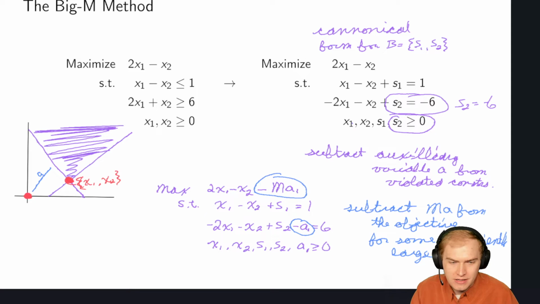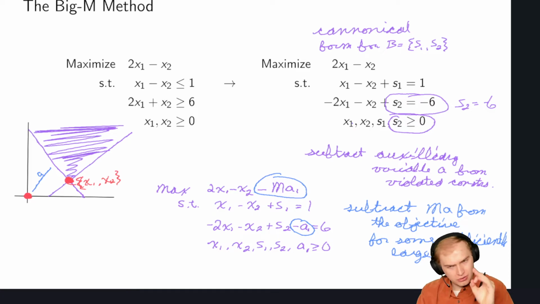All that means is that M should be way, way bigger than any of the other coefficients in the objective. We just want to prioritize changing the auxiliary variable somehow.